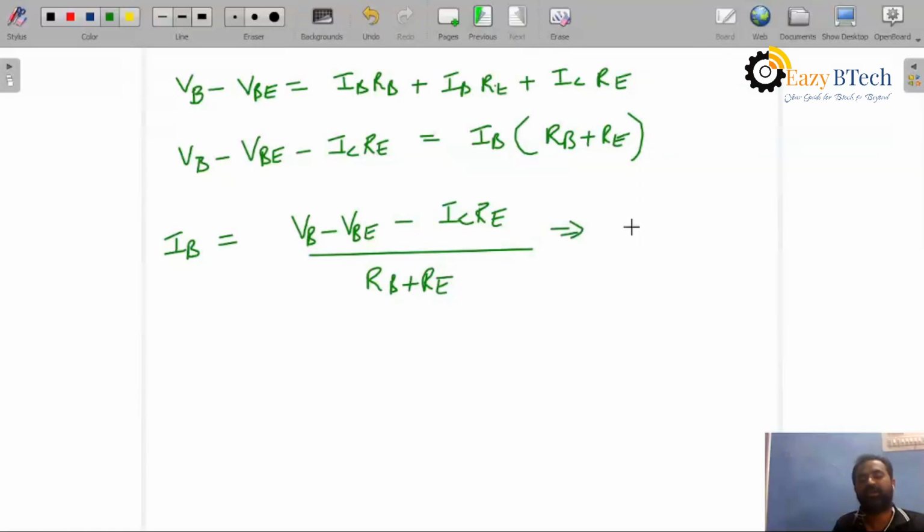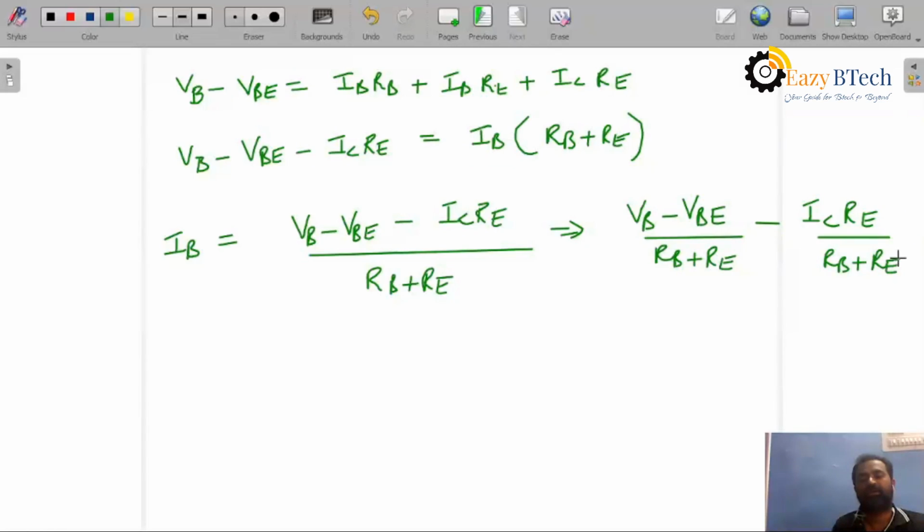This may also be written as VB minus VBE by RB plus RE, minus IC RE by RB plus RE. This is the value of IB. Now from these expressions we got the value of IB.